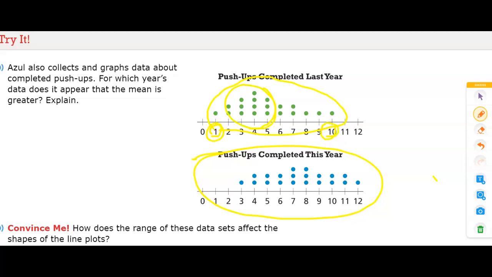And then this year, the data starts at 3 and there's some data at 12. The majority of the numbers of completed push-ups are 7 and 8. So just based on that, this year's data would appear to be greater.